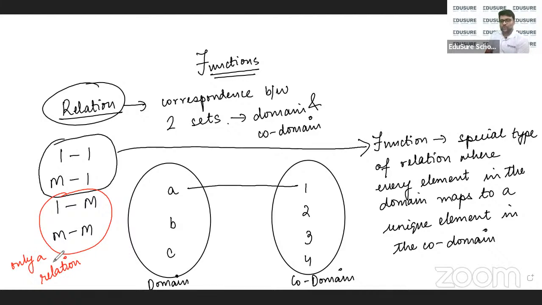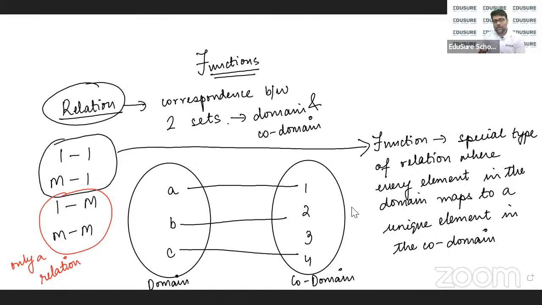Understood? This can be one example of a function: A going to 1, B going to 2, C going to 4. So this is an example of a function.